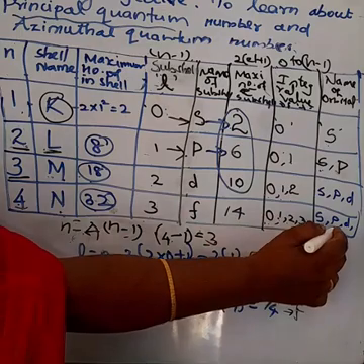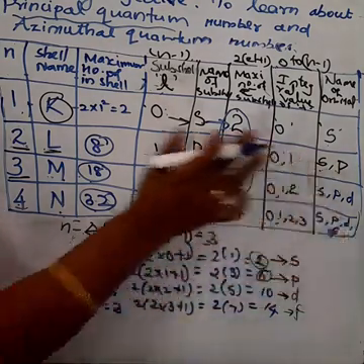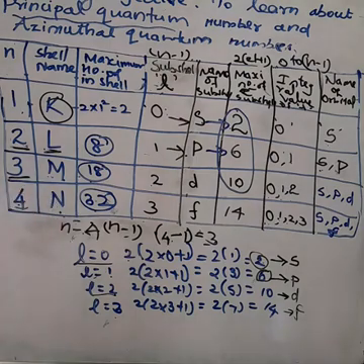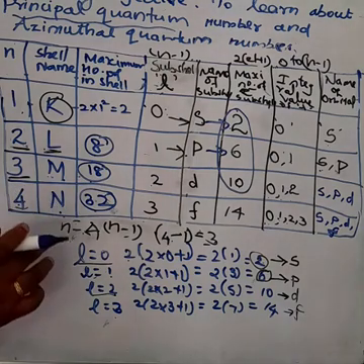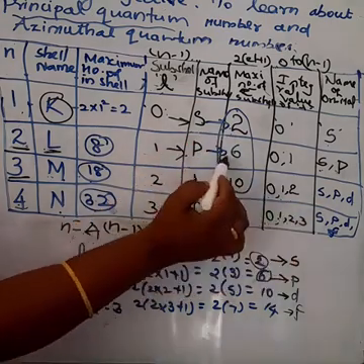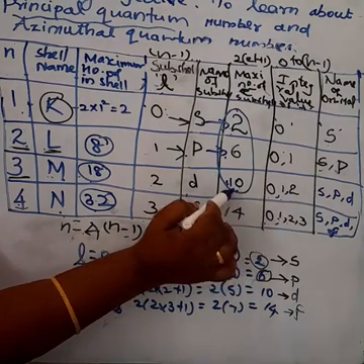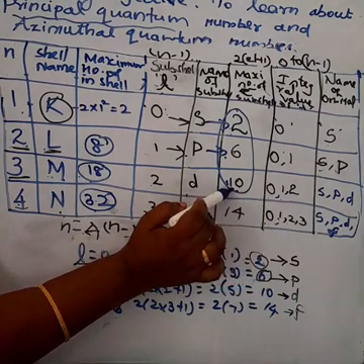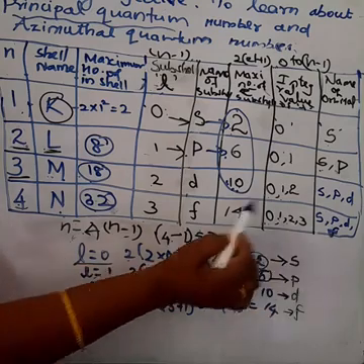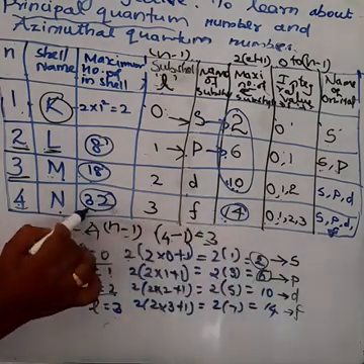So a maximum of 4 orbitals are present within the N orbit. How many electrons? S means 2 electrons, p 6 electrons, 2 plus 6, 8; 8 plus d maximum 10 electrons, 18; 18 plus f orbital maximum 14, so 32 electrons. Understood? So in the N orbit we can accommodate 32 electrons.